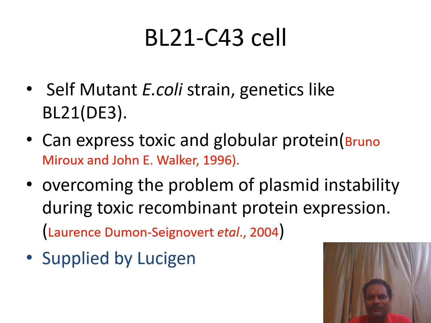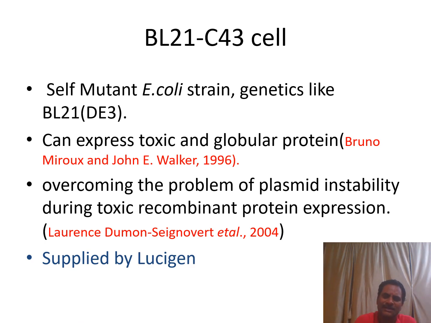Now, this is a self-mutant strain. As you know, generally when we produce globular protein or membrane protein in E. coli, E. coli doesn't survive. So this group of scientists were trying to produce globular protein and membrane protein in E. coli. As usual, E. coli died, because due to that toxicity, E. coli doesn't allow that production.